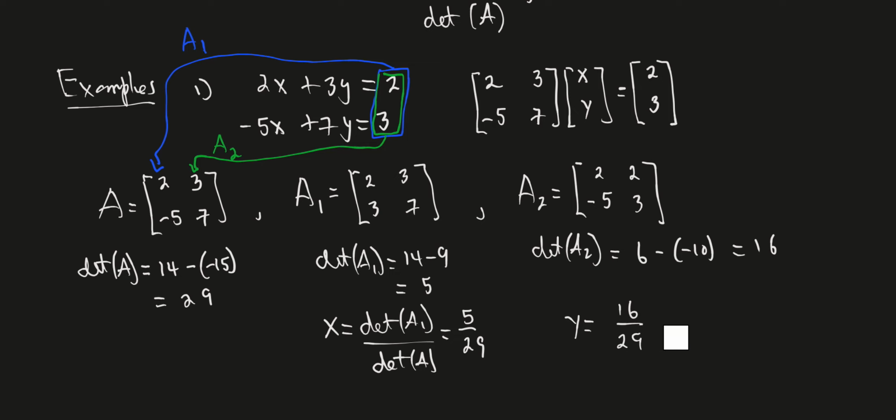In fact, let me go ahead and write that intermediate step there. So y is the determinant of A2 divided by the determinant of A. So we got our 16 over 29. And again, you can write this as an ordered pair. You can write it as a column matrix.